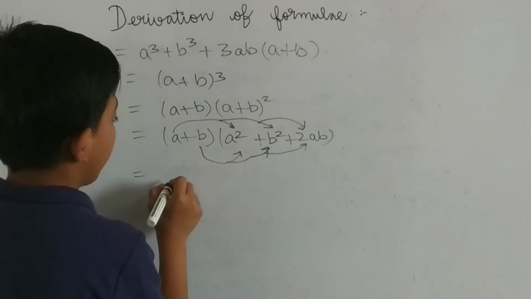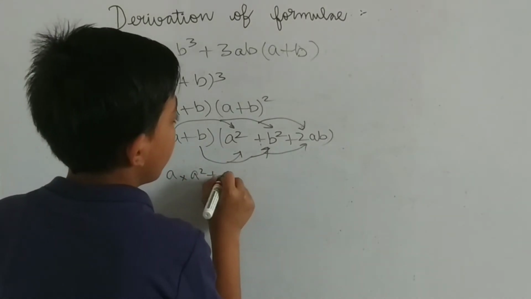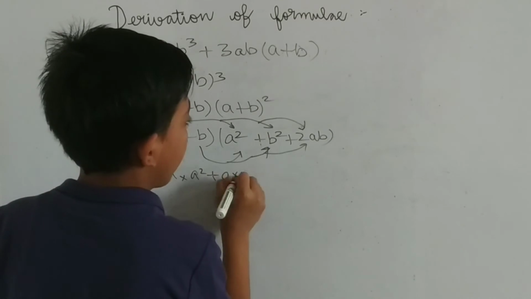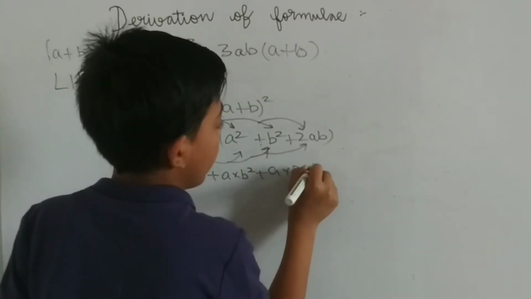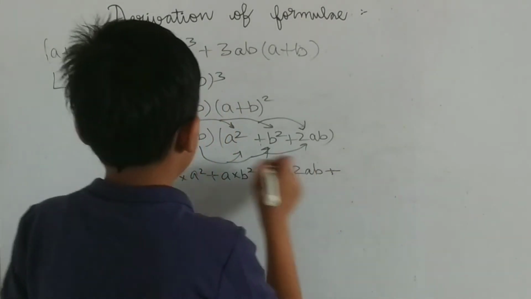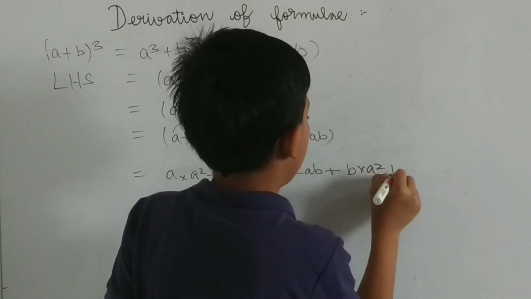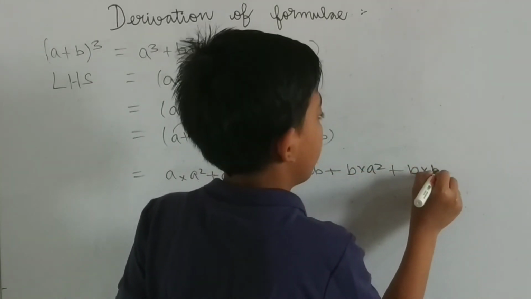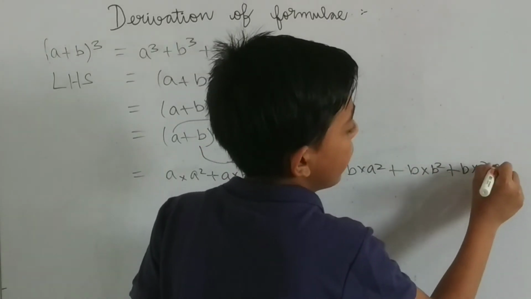Now a multiplied by a², plus a multiplied by b², plus a multiplied by 2ab, plus b multiplied by a², plus b multiplied by b², plus b multiplied by 2ab.